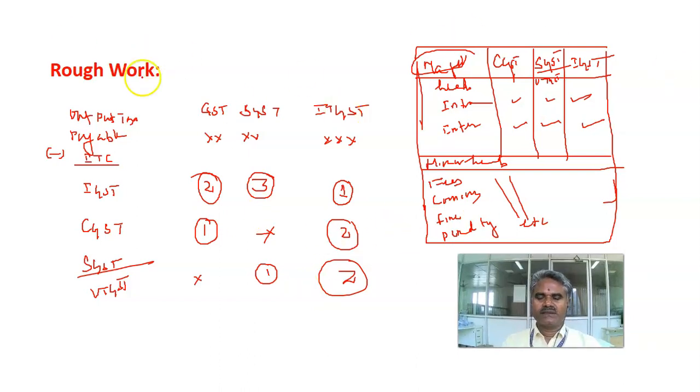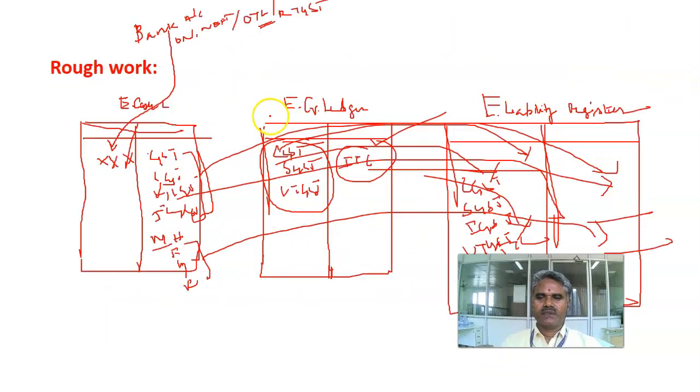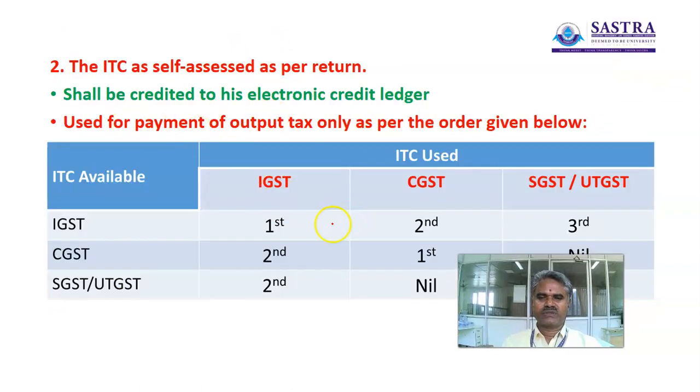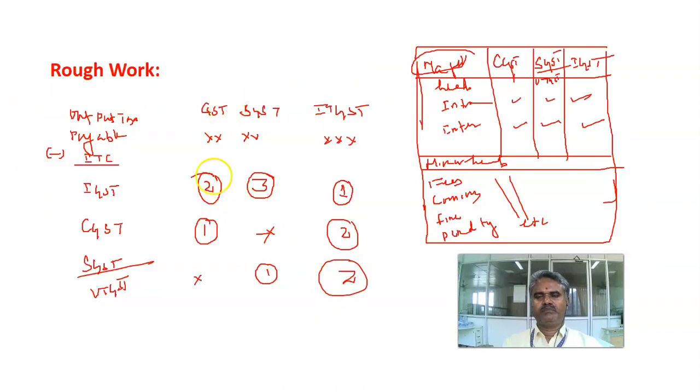This is the manner of utilization: 1, 2, 3, 1, 2, 1, 2. This is the manner of utilization of input tax credit. Once you adjust like that, then you pay the balance to the government.